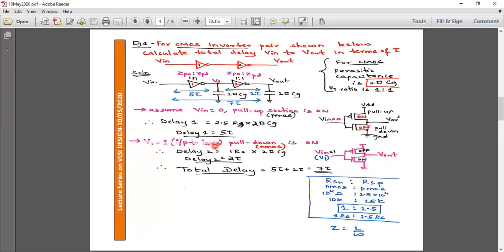The sheet resistance for NMOS is 1, and the pull-down ratio for the second inverter is 1. So 1 Rs, and the parasitic capacitance is 2 Cg. So the delay is 2 tau. Total delay is 5 tau plus 2 tau, that is 7 tau.